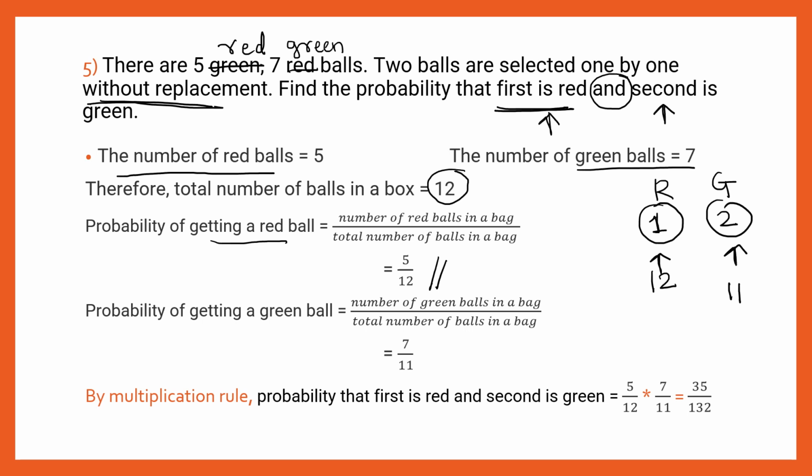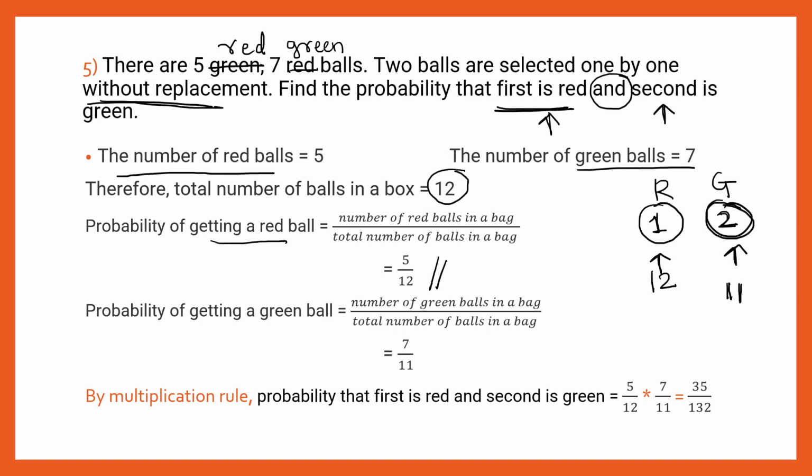Now, probability of getting a green ball is equal to the number of green balls in the bag divided by the total number of balls in the bag. Here, we are picking the second ball. So when we are picking the second ball, our sample space would be 11. Why?